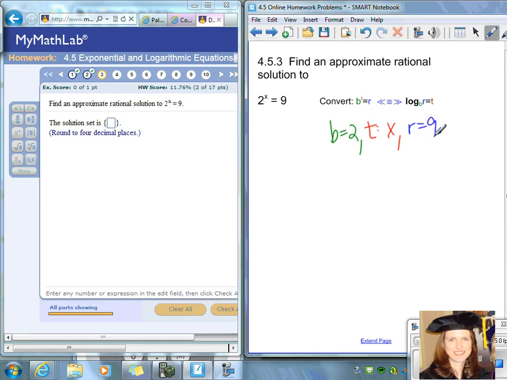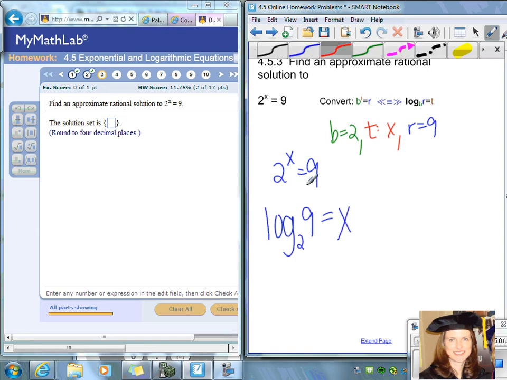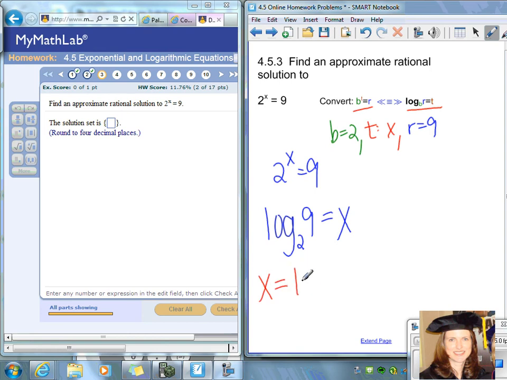We're going to write this in the form of a logarithm. 2 to the x equals 9 can be rewritten as log base 2 of 9 equals x. And that is so key to be able to make that transition from an exponential equation to a logarithmic equation. Now you do have x by itself. X is equal to log base 2 of 9.